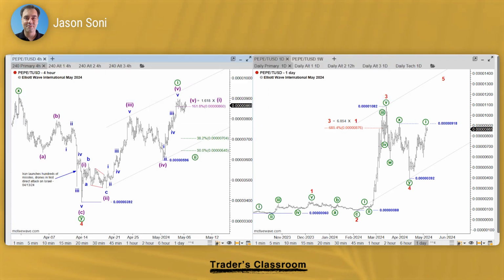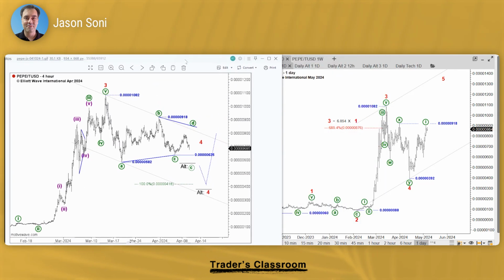So obviously the triangle itself is negated, but you'll notice that I've actually added on, let's just bring that back, an alternate scenario which argued for a much deeper pullback. Now, bearing in mind we're still arguing for a 4th wave, but because I'd already considered alternate ideas, if the triangle was to be negated, I would likely switch to either a double zigzag or a zigzag, depending on how you wanted to cap this initial decline.